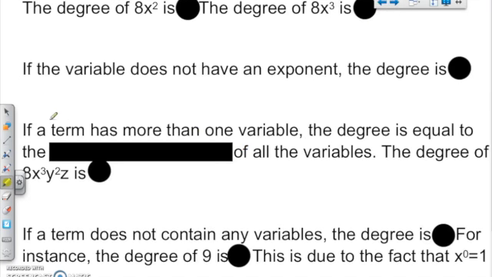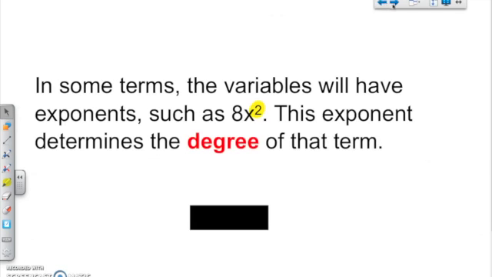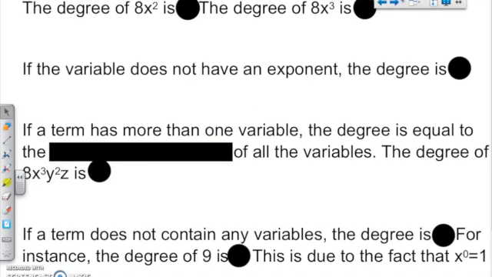This is a little bit of a lengthy slide, but it matches up with what you have in your notes. So, the degree of 8x squared, like we just said, is 2 because of that exponent right there. Now, since we have an exponent here of 3, what do you think our degree is going to be? If you said 3, congratulations, you were correct.